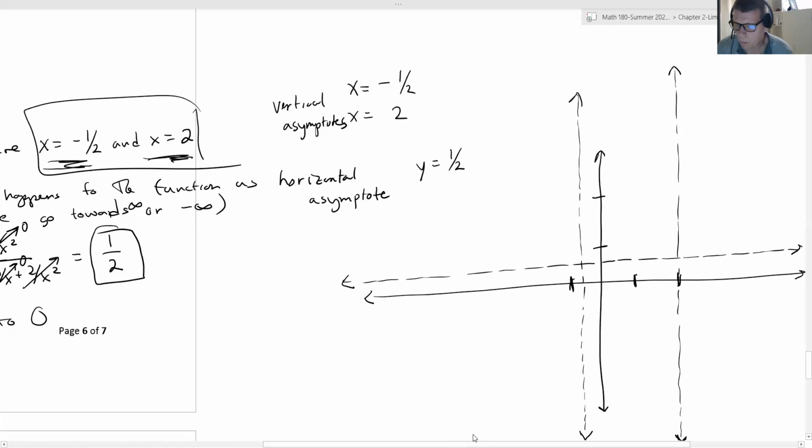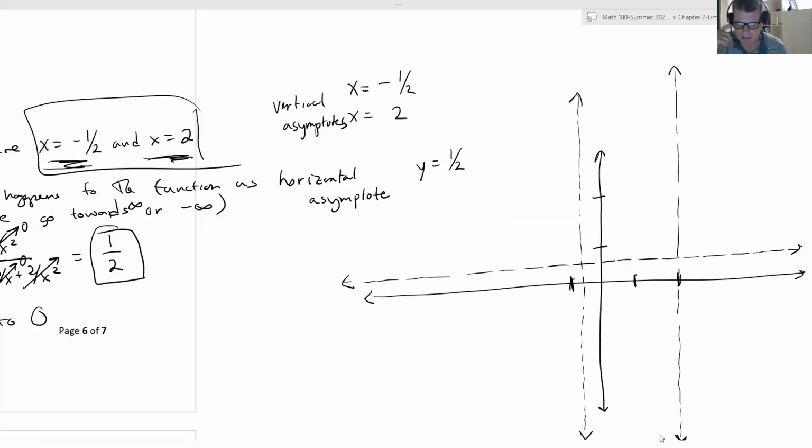So now what I need to do is, I know either I'm going to have something that looks like this, because it's a vertical asymptote, or it's going to look like this. I'm going to have one or the other. I need to figure out which one it's going to be. Now we can do that using limits. But for our purposes, Misha said just plug in a value.